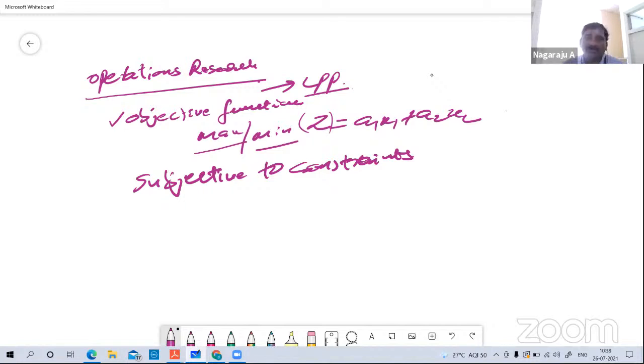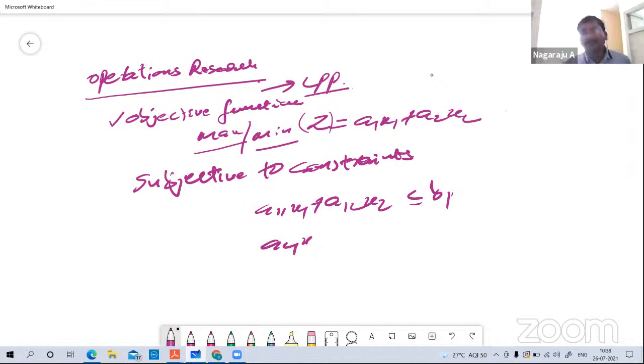In this, the objective function is clearly defined: maximization or minimization of z equal to a1x1 plus a2x2 plus a3x3 plus so on up to anxn. Now, subject to the constraints, I take a11x1 plus a12x2 less than or equal to some 200 or something. It is a value we can give, called b1.